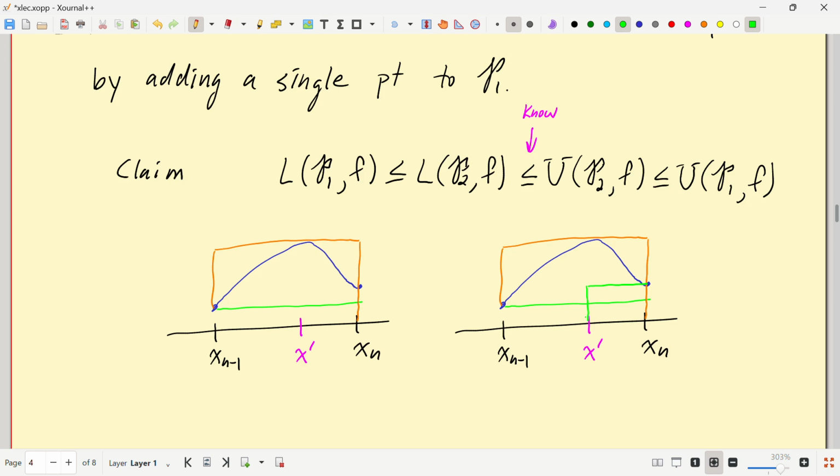And in the case of my upper sum, oh, how could I be so stupid? I made my max at the point. That was dumb. Let me move my x prime over here. Oh, blast.